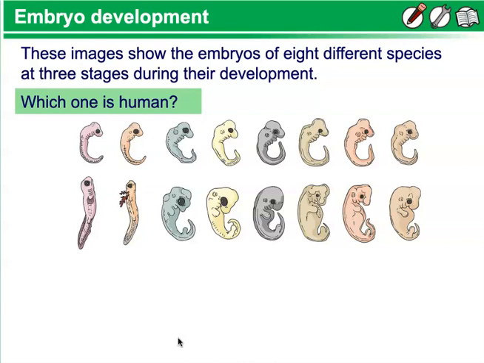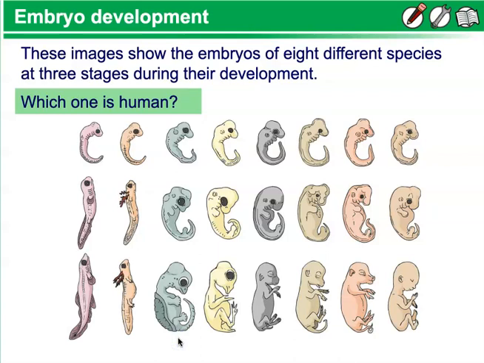Now quickly compare. What trends do you observe in the embryos developed from stage to stage? Which embryos are easiest to identify now?